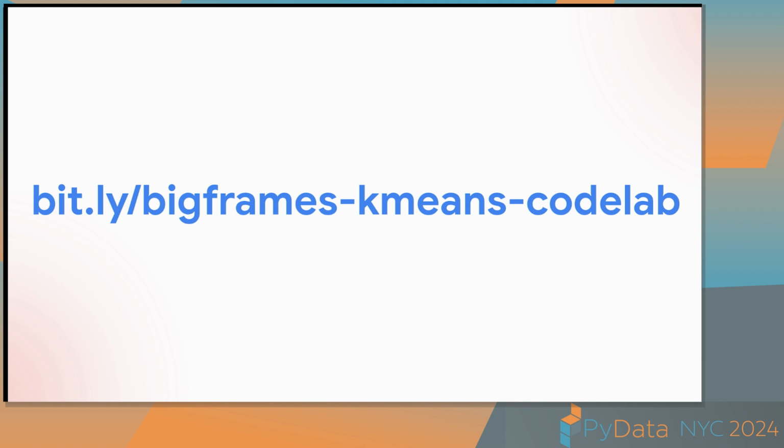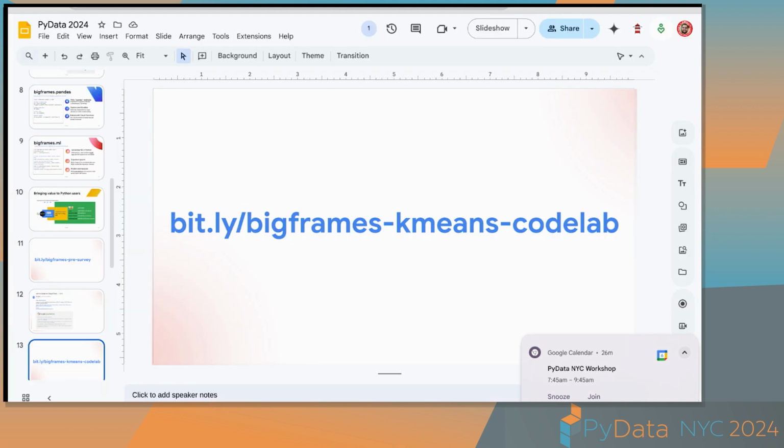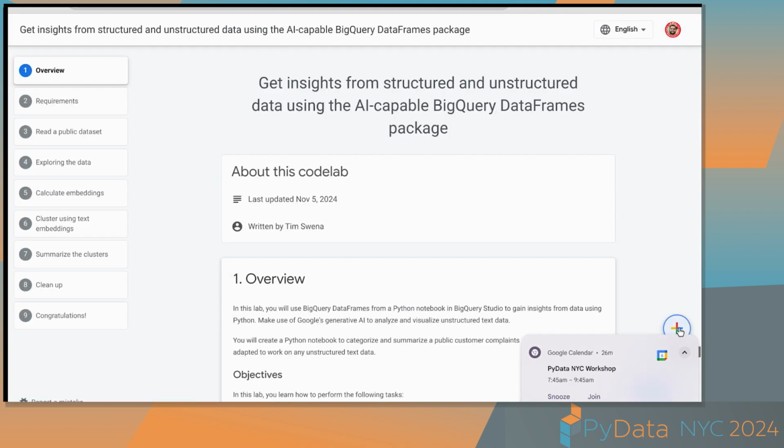You can use the free trial if you haven't used that already. Some of this might be compatible with the BigQuery sandbox, but other steps like the machine learning will need a billing account. So that link should take you to a page that looks like this. This is our code labs, and you can see we've got the steps on the side there, and we're going to go through these together, and I'll demo as well, but would love for you to follow along as we go.